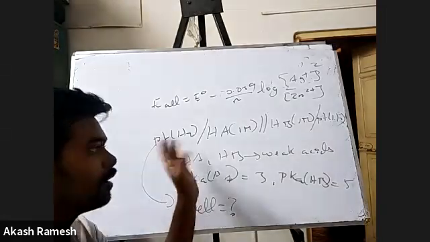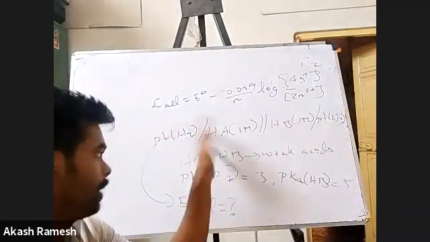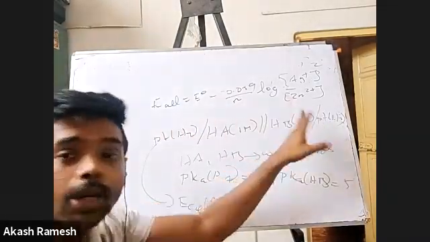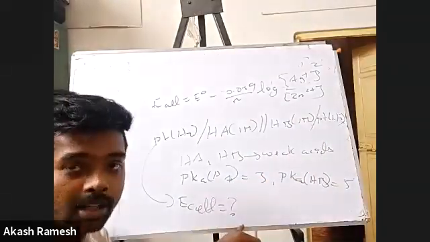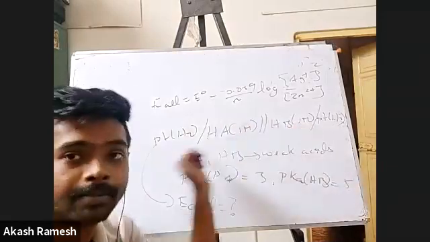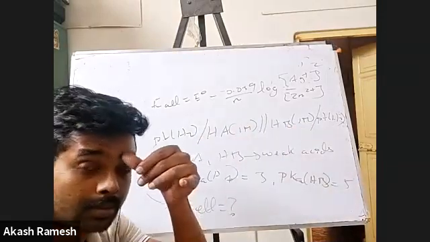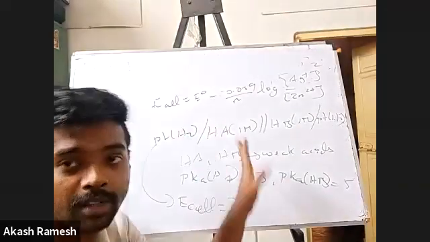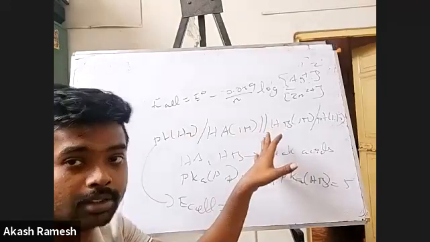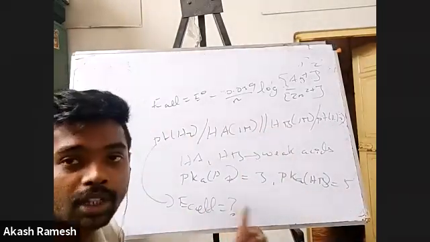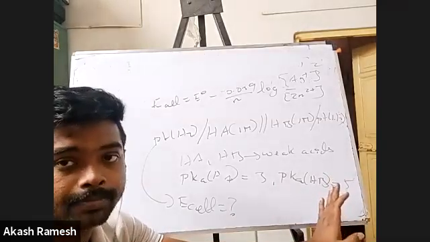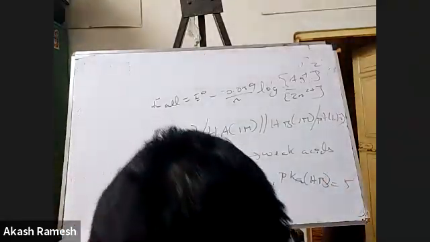Okay, what is the E? Forget about this. For this reaction, what would have been the E naught? They're asking to find the E cell. Or further, I need E naught, right? What would have been the E naught for this cell? 0, right? Because again, it's becoming H plus bar H2 or H2 bar H plus, whatever it is. So E naught is 0 for this. The only thing I have to concentrate on is the E cell where E naught is 0. The other part still stays. Go for it.